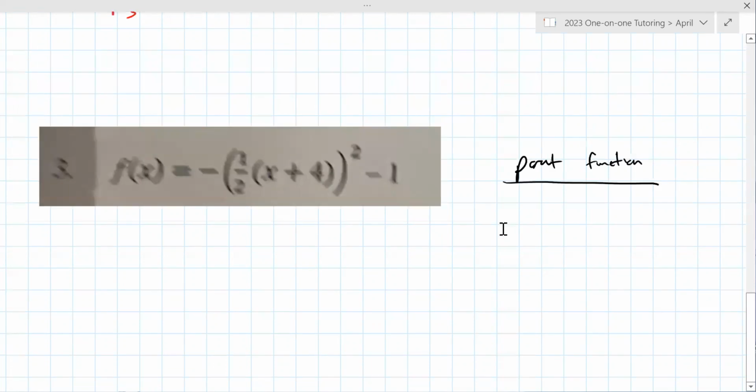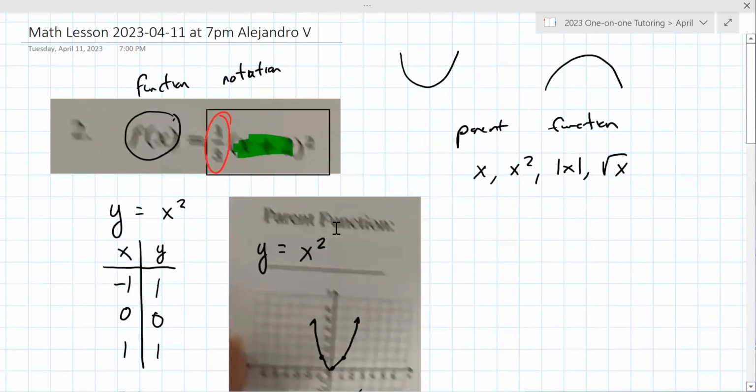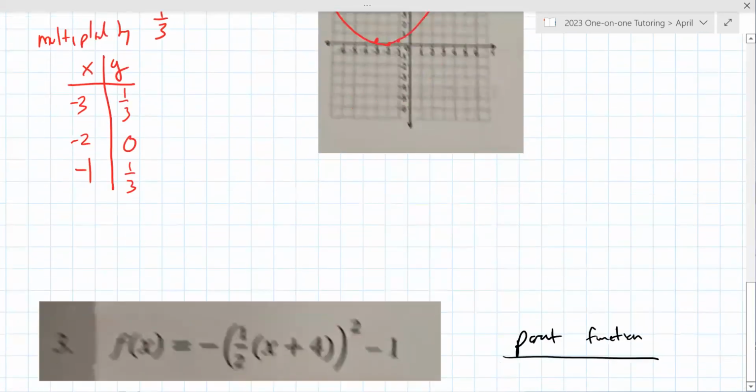No, let's go back and look at the previous problem. What was the parent function in the previous problem? Y equals x squared. Okay. What about this up here made it an x squared? Do you remember? The parent function, it's just the exponent like that. The exponent right there. Now let's look at the next problem here.